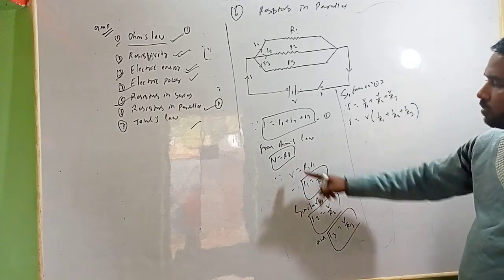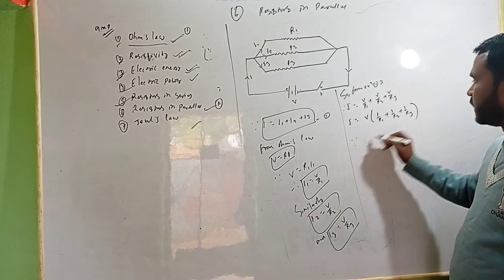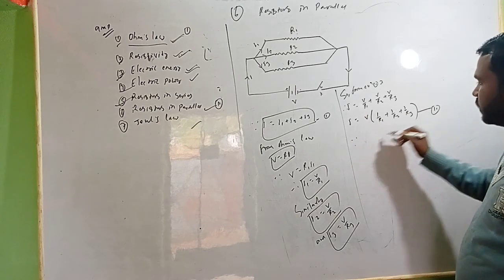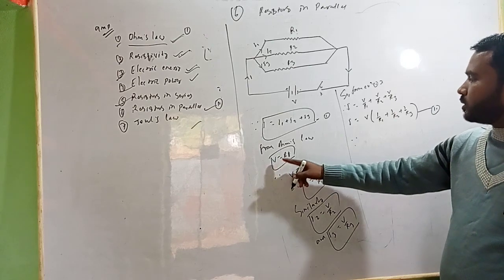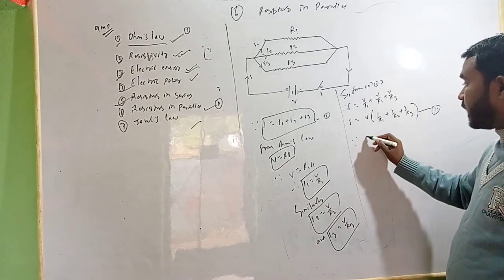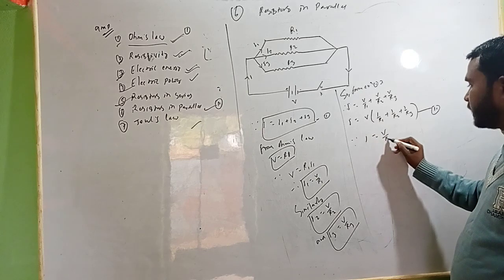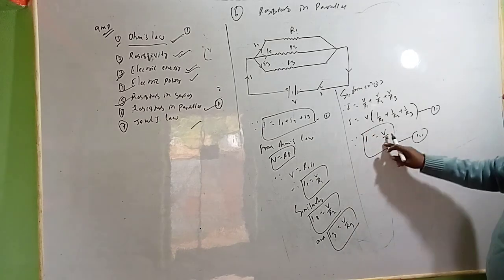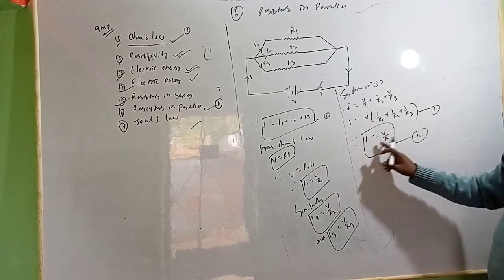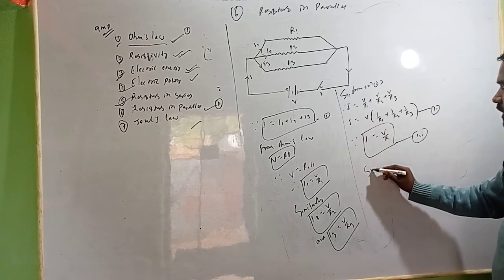But from Ohm's law we can also write I is equal to V by R, equation third. Now I is equal to something here, and I is also equal to something there.